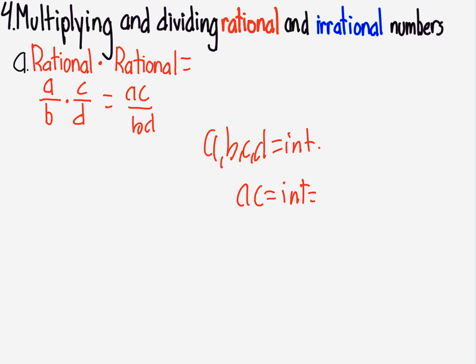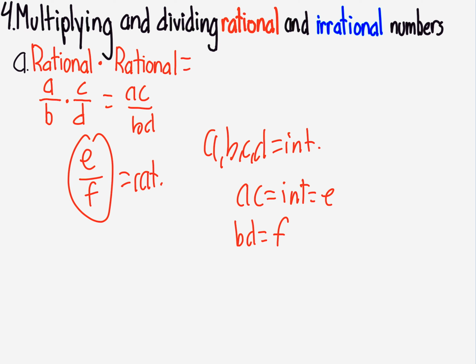And so let's say that ac is equal to e. Let's do the same thing and say that bd is equal to f, and also bd is an integer as well. So this fraction can be rewritten as e divided by f, and we know that both e and f are integers, and so we can say that e over f is rational. And therefore, multiplying two rational numbers together is going to give you a rational number.